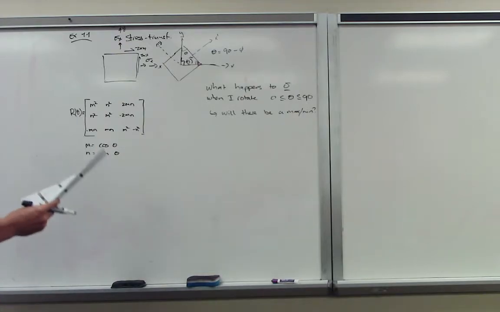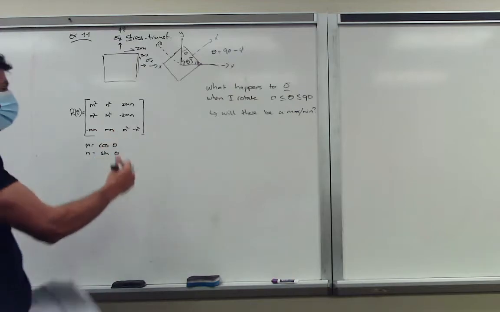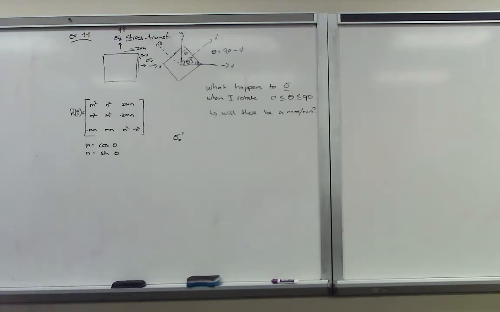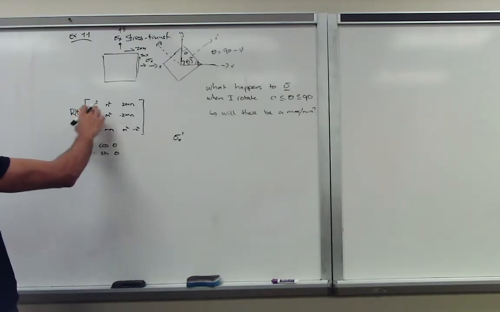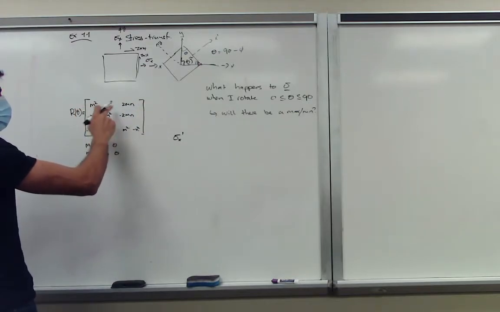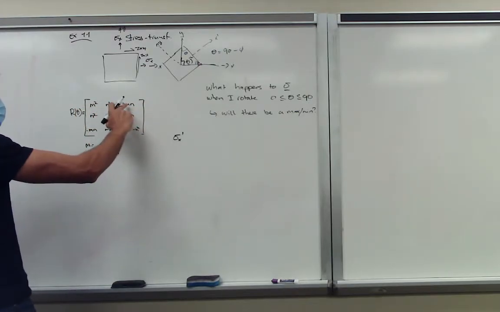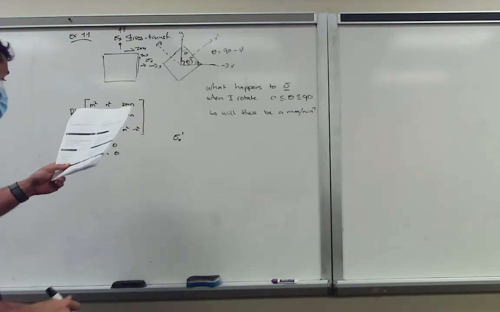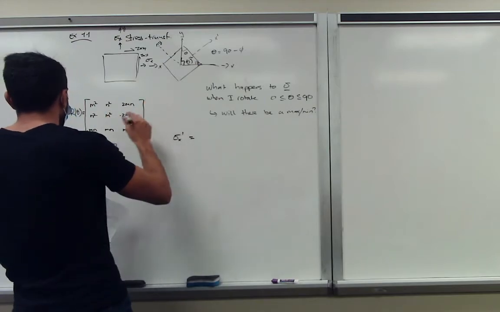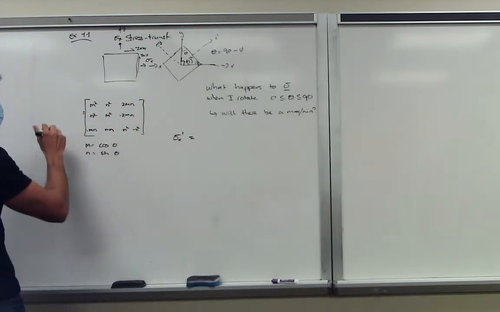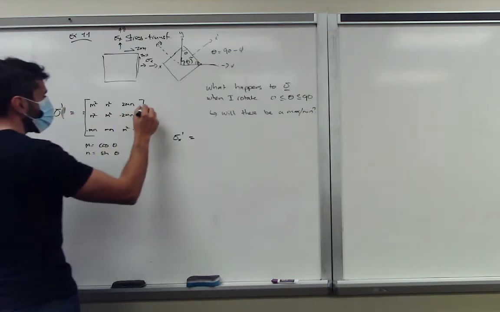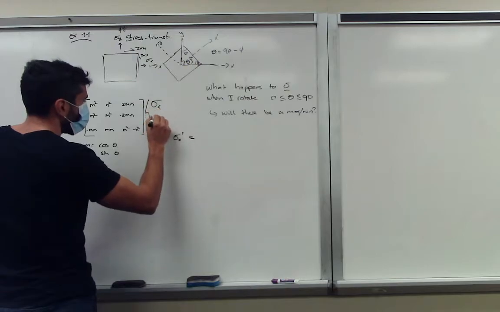To do that, let's pick up one of the stresses. We redefine our stress x in the dash coordinate system. So basically we have sigma x m squared plus sigma y n squared plus 2 times mn multiplied by tau xy. Let's write this out for our dash system, sigma x, sigma y.